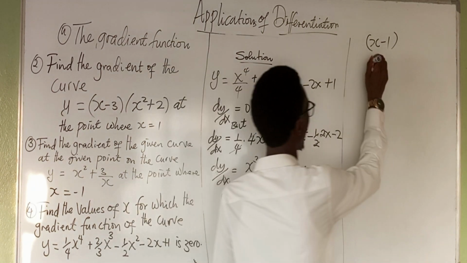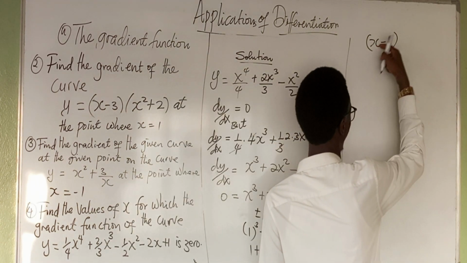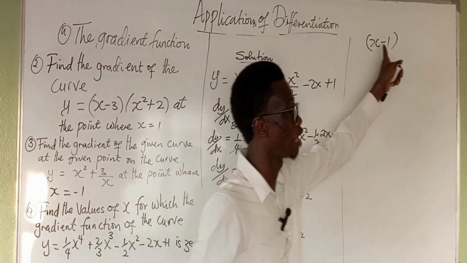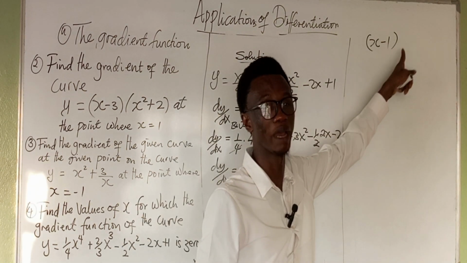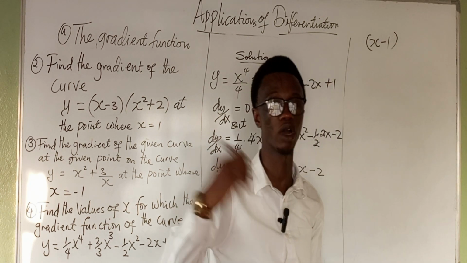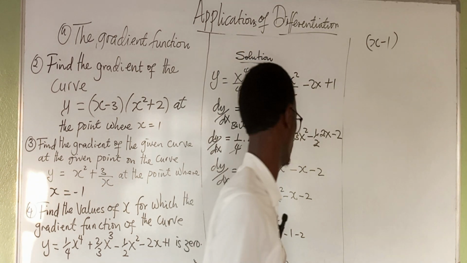Because when we have x minus 1 equals to 0, we are going to have x equals to 1. Because it's positive, you put negative here, x minus 1. Because if x minus 1 equals to 0, you have x equals to 1 as well, which is the same thing here.